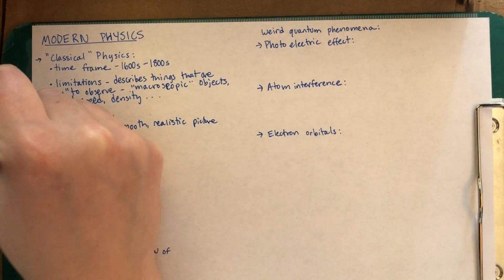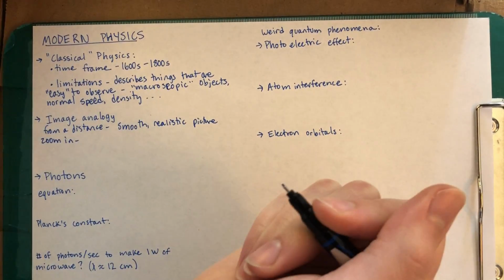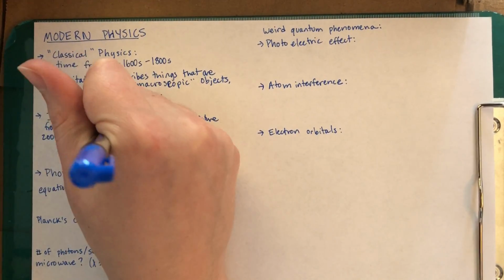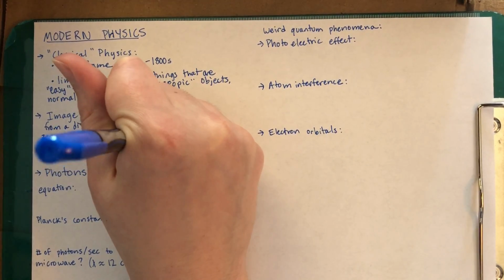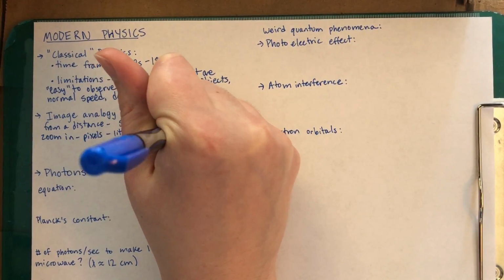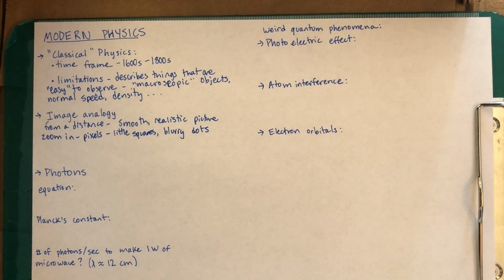But when you zoom in, you see that it has individual pixels. And these might look like little squares, or they might look more like blurry dots depending on how you're viewing the image.